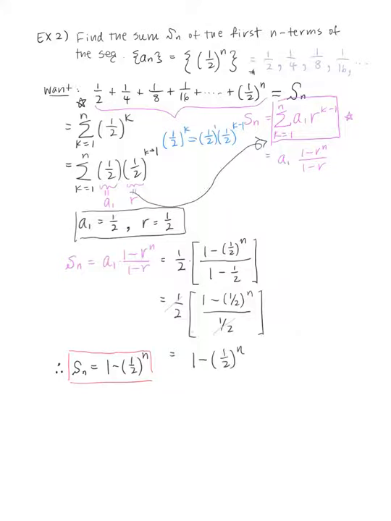This formula is pretty cool because if I want to keep adding 1/2 to the first plus 1/2 to the second power plus 1/2 to the third power, let's just say all the way up to 1 over 2 to the 50th power, well, you don't have time to be adding those numbers in a calculator. But with this formula, as long as you replace your n with 50, boom, there's your sum.